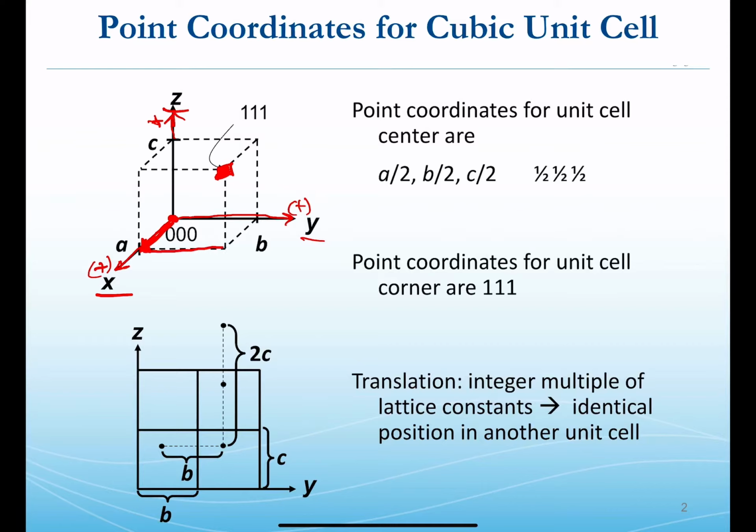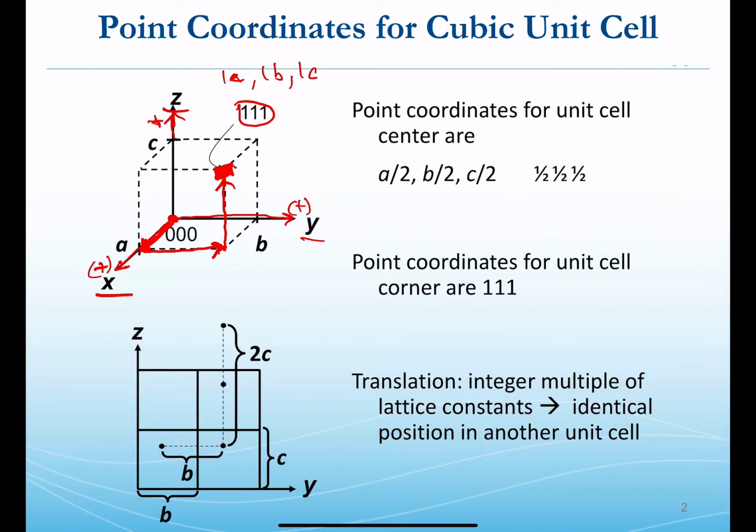It lies 1 positive unit of B along that y direction, and then it lies up above the xy plane, with 1 unit of C in travel up to that final point of interest. So we traveled 1 unit of A, 1 unit of B, 1 unit of C for this ABC defined unit cell. And the point coordinates here are 1, 1, 1.